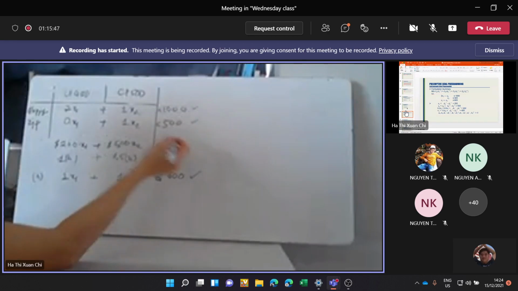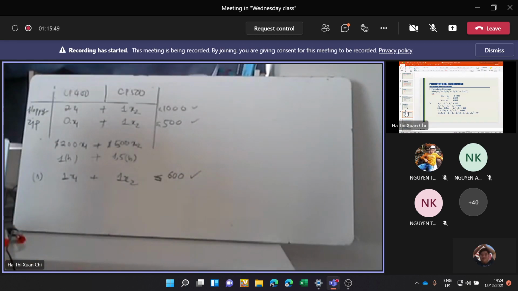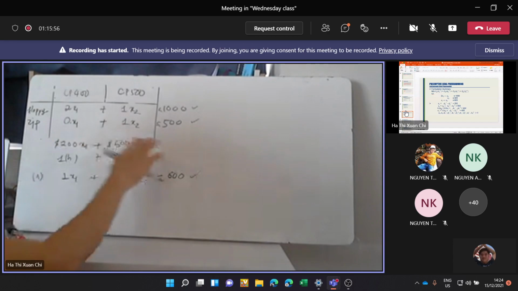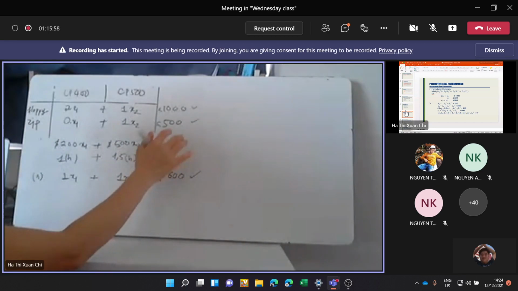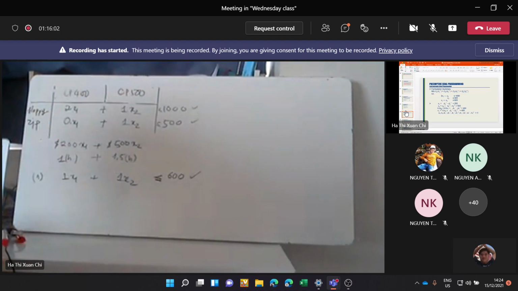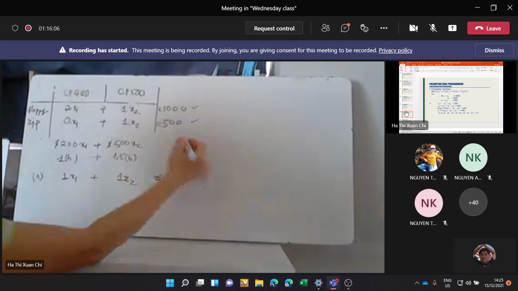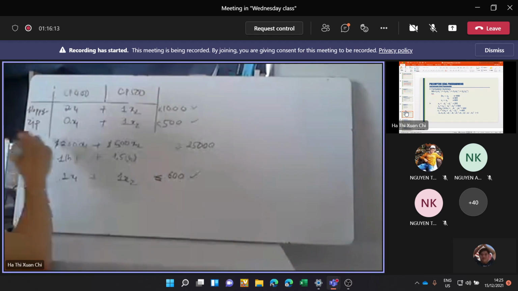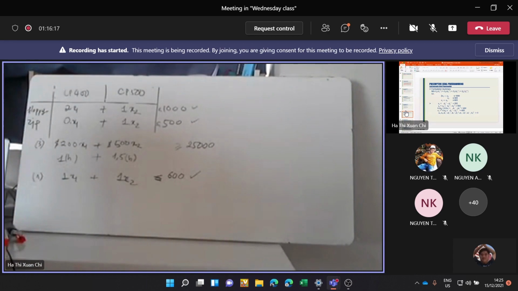Hard constraint. So 0.2, 0.5. Yes, here, and trend here is dollar, right? That is control number 3. Row number 3.